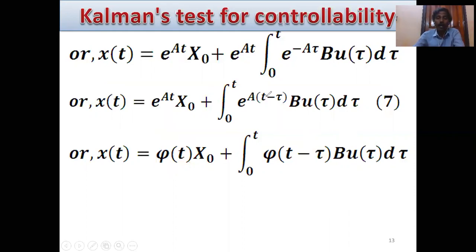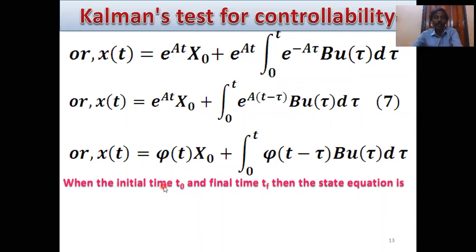So x(t) equals phi(t) x0 plus 0 to t phi(t minus tau) b u(tau) d tau. This is the very important equation.